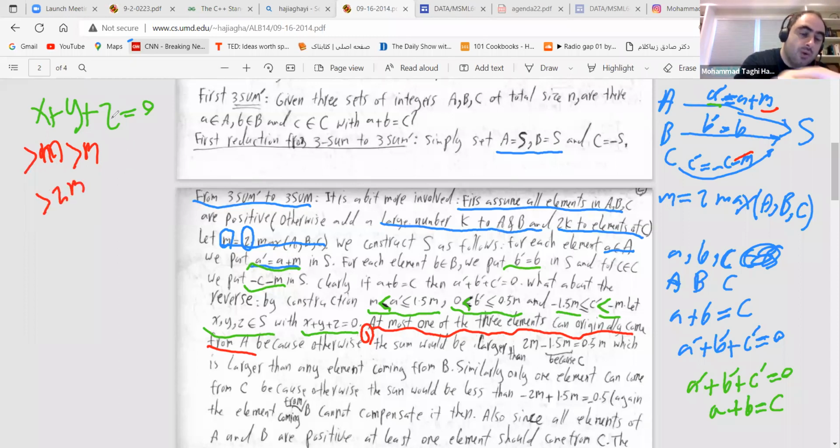However, the only negative element we have is from C, but we know that the negative part here is at most 1.5m. So this C element cannot compensate this positive sum. So this is not possible. So the first thing is that at most one of these 3 elements can originally come from C. Similarly, we can say this is the second claim.